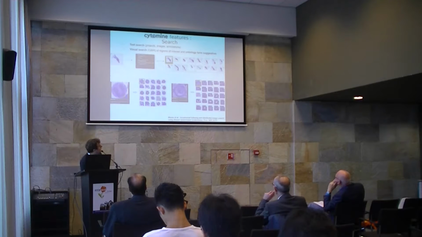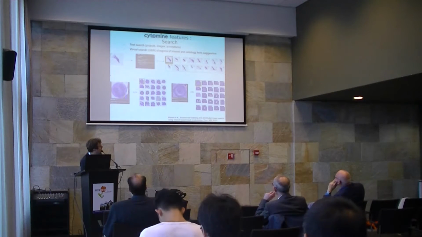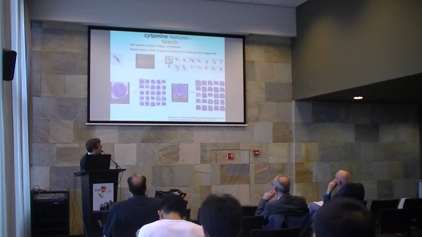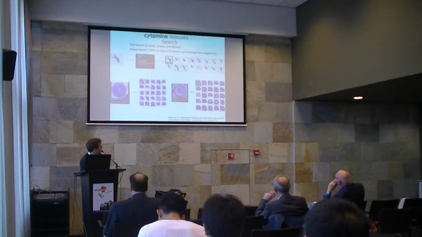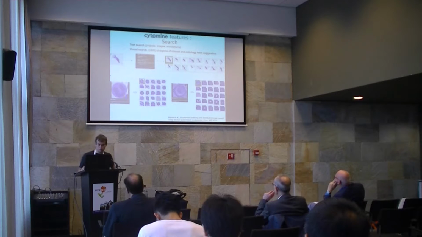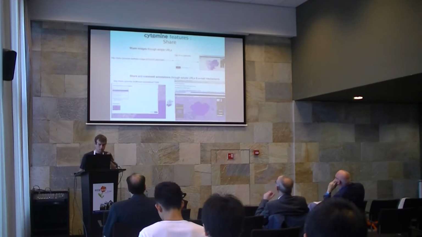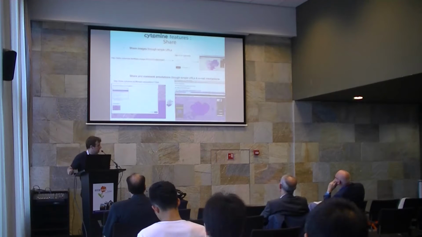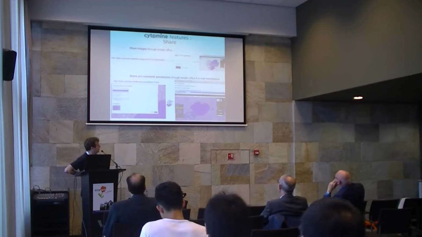So it gives you in almost real time other examples of cells that look similar for the algorithm. Of course, it's an algorithm that is not perfect. You see here some examples of wrong suggestions, but overall it provides good performance.